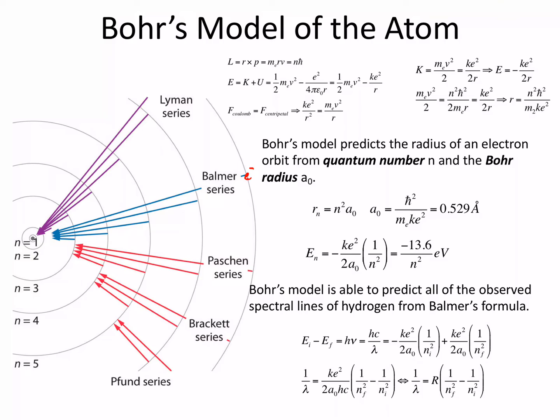An electron that jumps from here to here has to give off this much energy associated with this jump, or this jump, or this jump. So each of these is going to give rise to a photon of a given wavelength, or of a given frequency. So let's work through all of this.